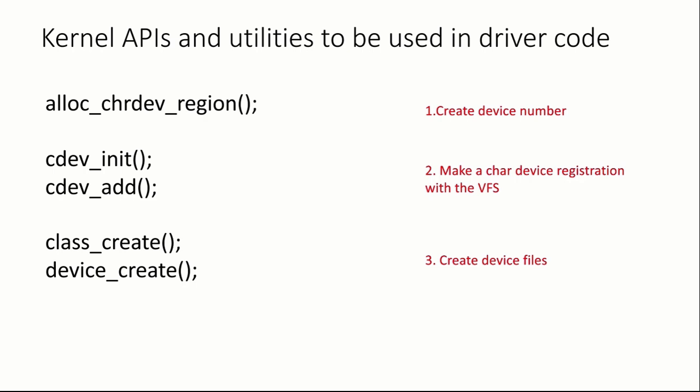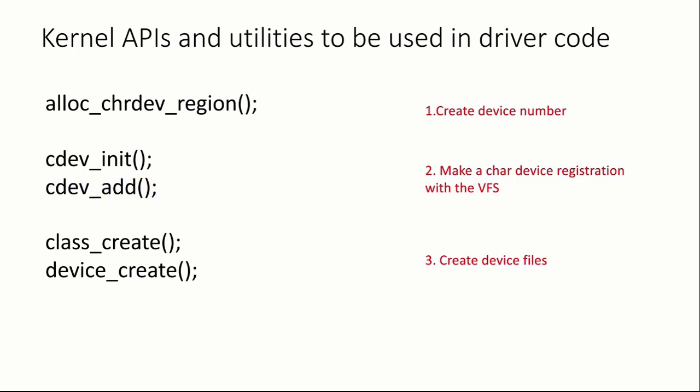This registration is very important. Otherwise, the user level system calls will not get connected to the file operation methods of the driver. As you may be guessing, for this cdev_add, you have to mention the driver's file operation methods. With that, you have to register.